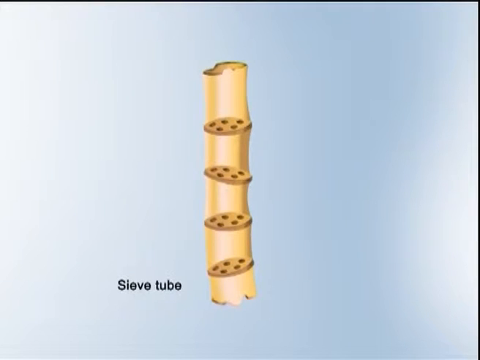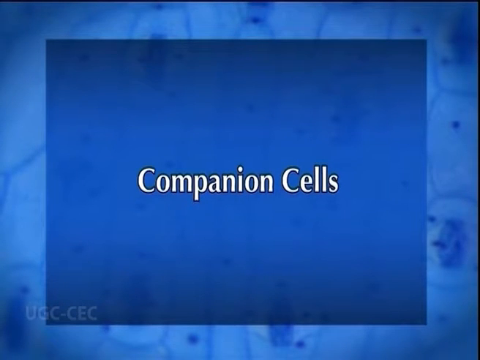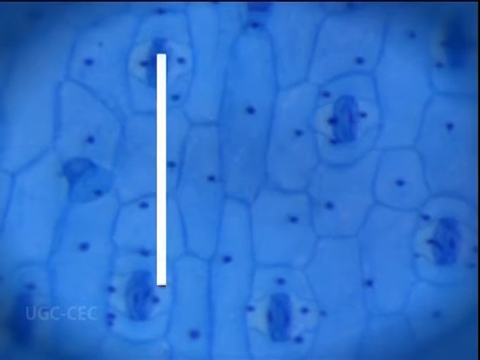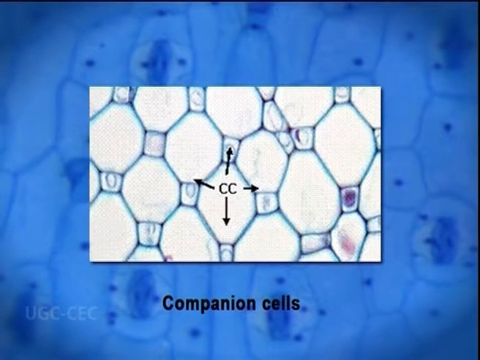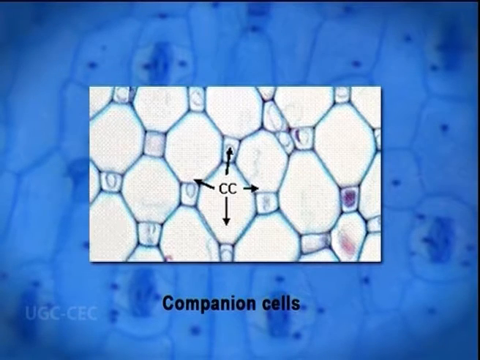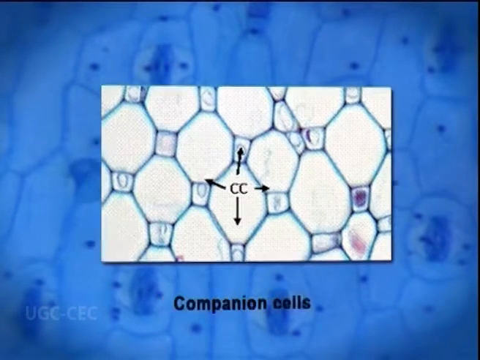Number 2 component of the phloem, that is, companion cells. Each sieve tube element in angiosperms is accompanied by one or more, usually densely cytoplasmic cells called companion cells. The companion cells lie along the sieve tubes.